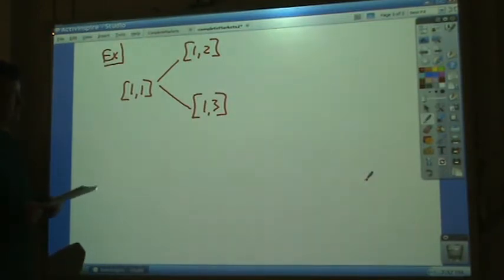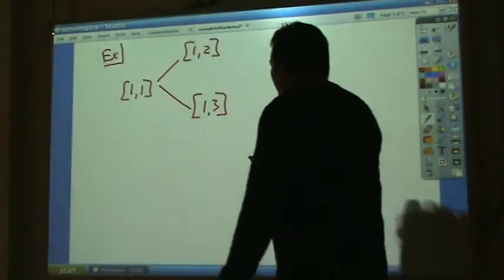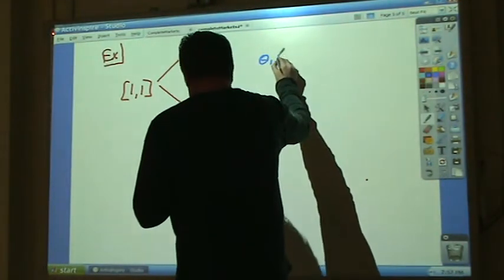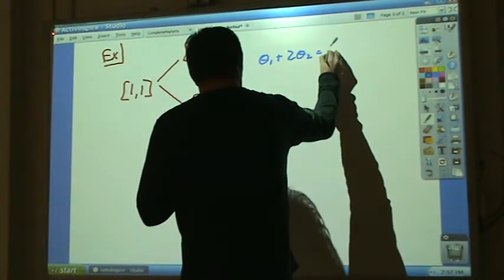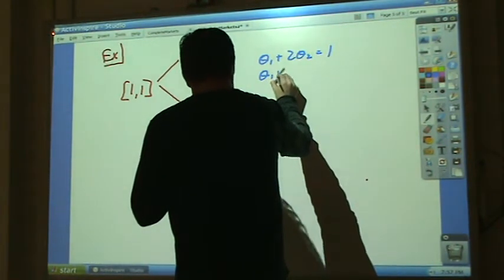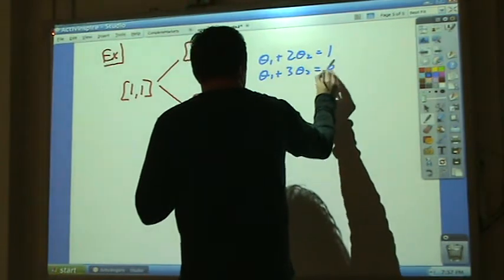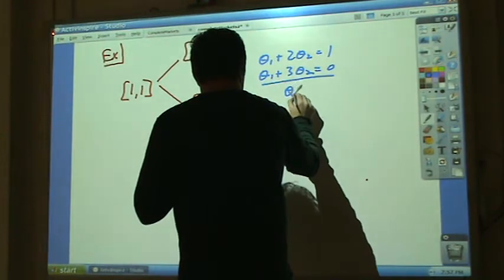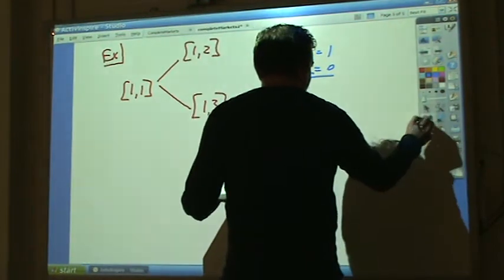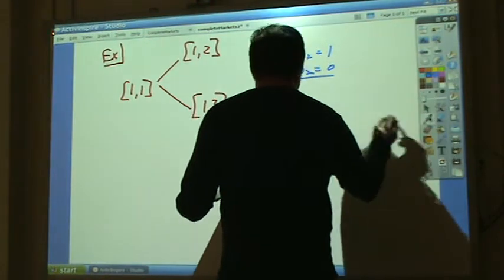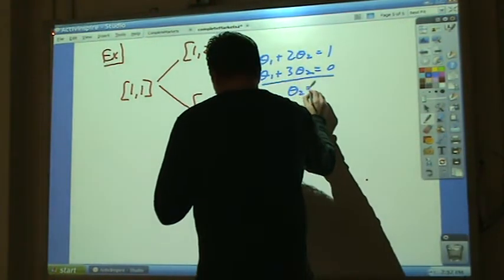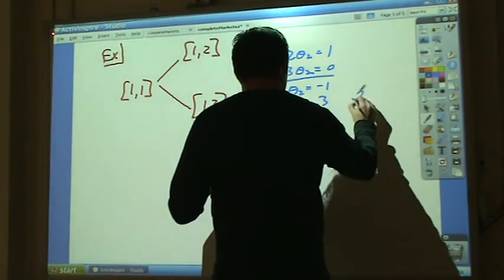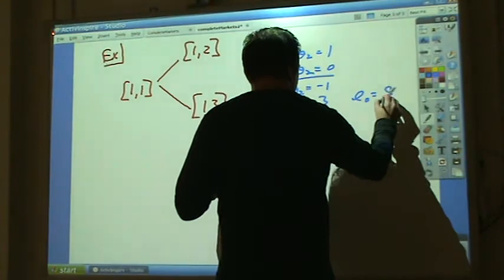So let's try to calculate the elementary securities. If we did this, theta 1 plus 2 theta 2 equals 1, and theta 1 plus 3 theta 2 equals 0, we would end up with theta 2 equals -1 and theta 1 equals 3, which means elementary security 0 costs $2.